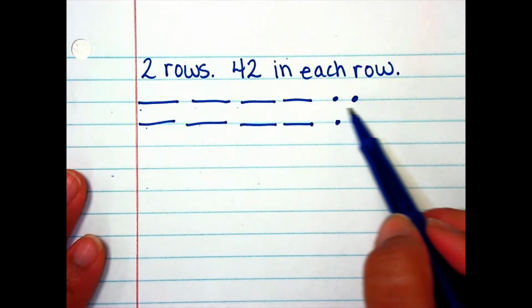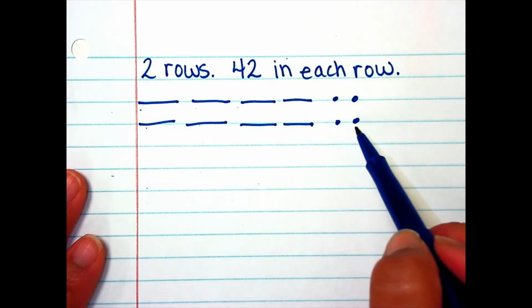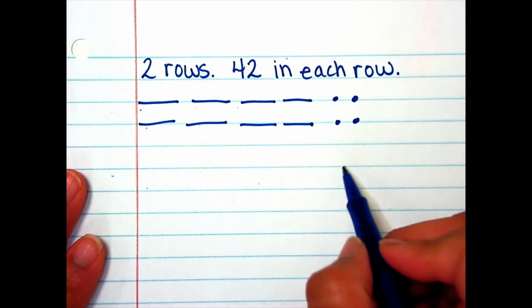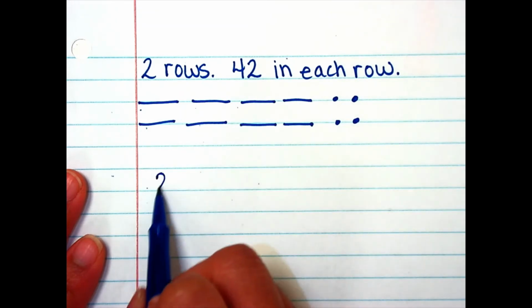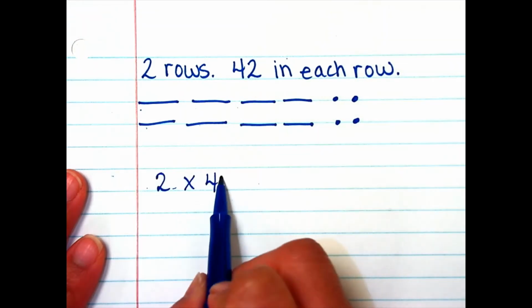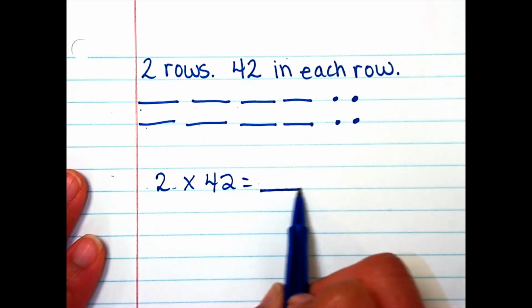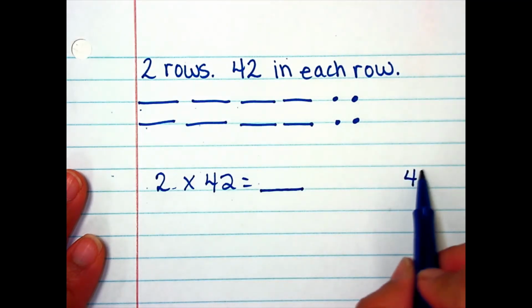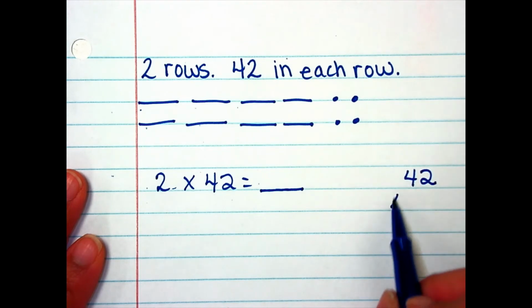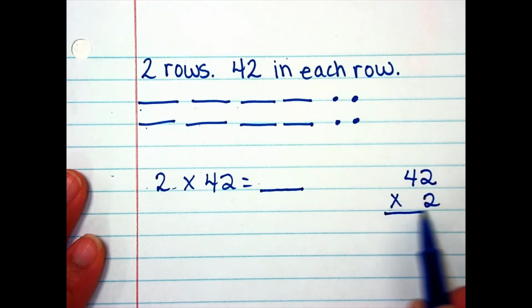So do I have enough ones to regroup? No, I do not. Oh, let me write my multiplication sentence. I'm going to do 2 times 42 equals my product, or I can rewrite it as 42 times 2.